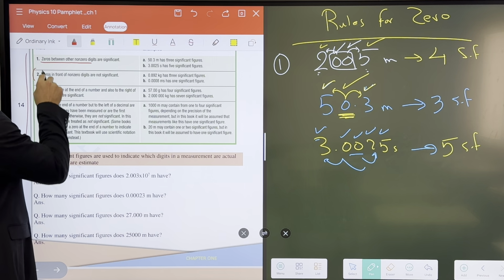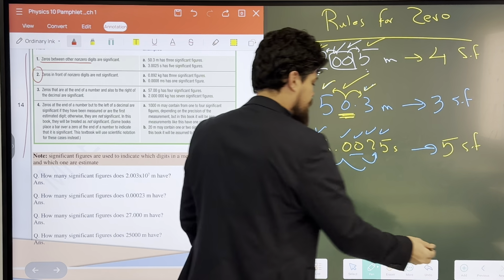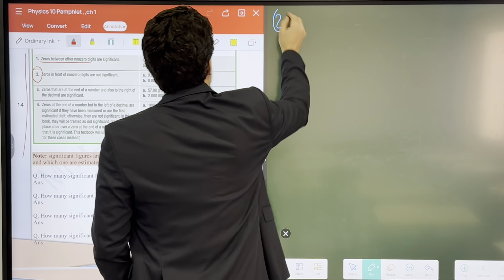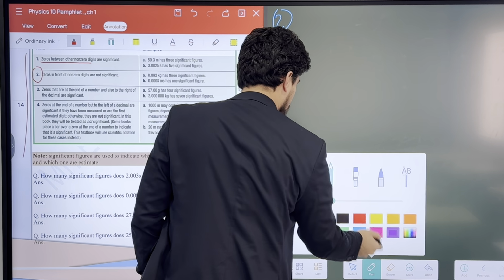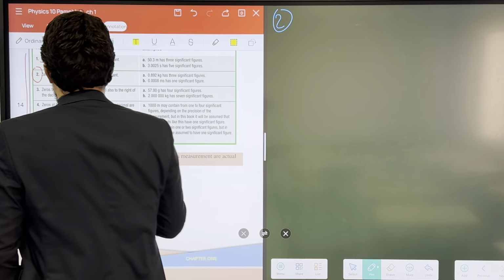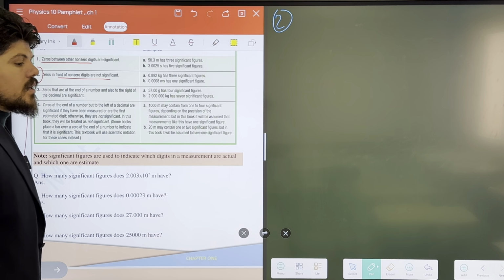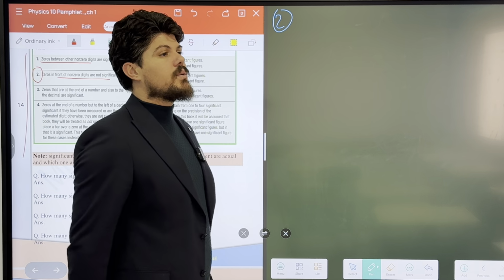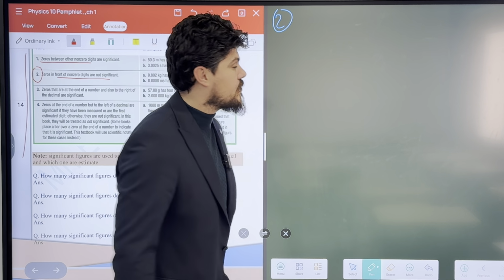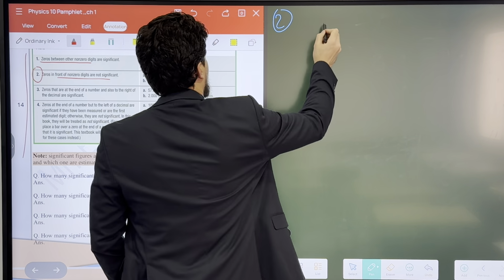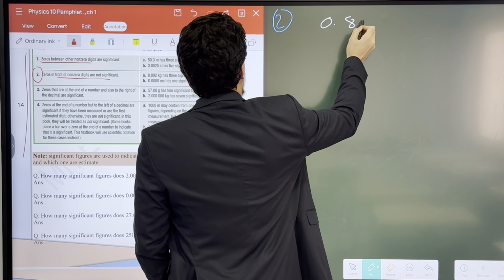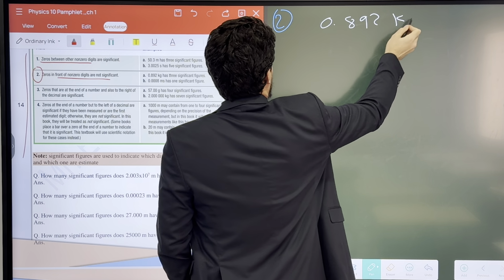Rule number 2, guys. Zeros in front of non-zero digits are not significant. The leading zeros cannot be considered as significant figures. For example, 0.892 kilograms.